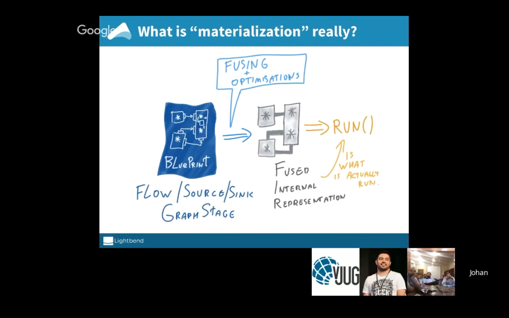So this allows us to make streams that are as fast as possible without introducing asynchronous boundaries, unless the user actually has said that they want to run things in parallel. And then in the end, when you have materialized this flow, this stream, then you have something that you run. And this is what actually happens. This is when you actually start executing the stream.